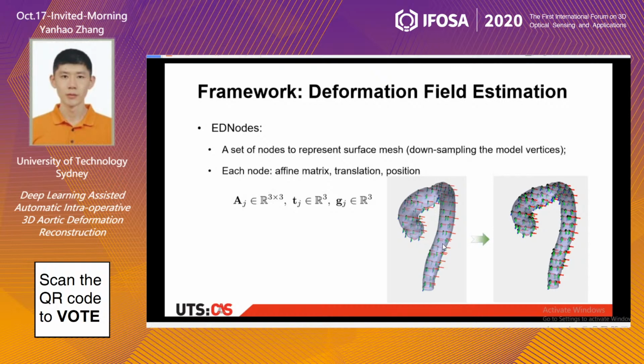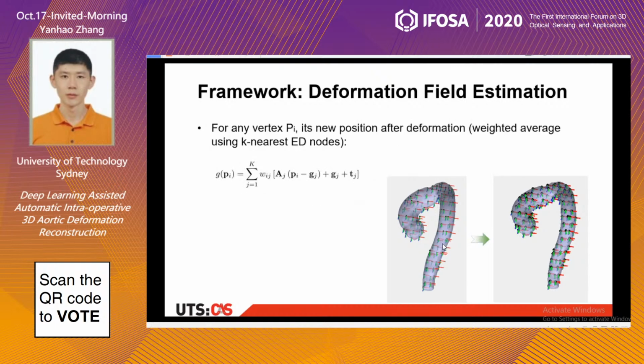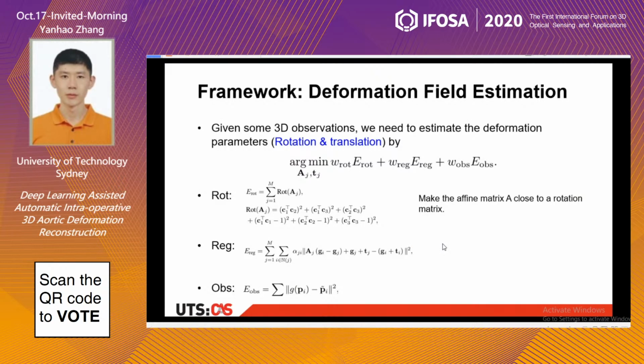Having this A, T, and G, the new position of each vertex can be calculated using this equation. But this is the case when you have the parameters of the ED nodes. The thing is that we want to optimize these parameters based on the observation.